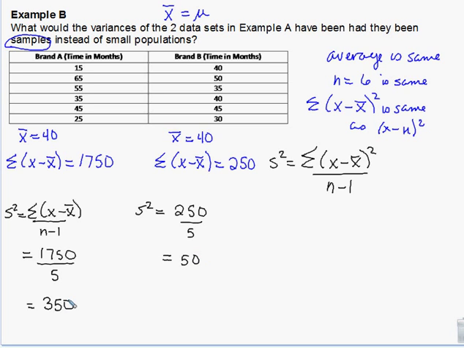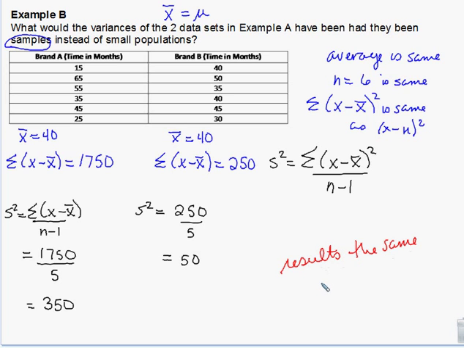Now our old numbers were 291 and 4167. These numbers are 350 and 51. Obviously they're kind of far off from the original number with the population. However, the results are still the same.